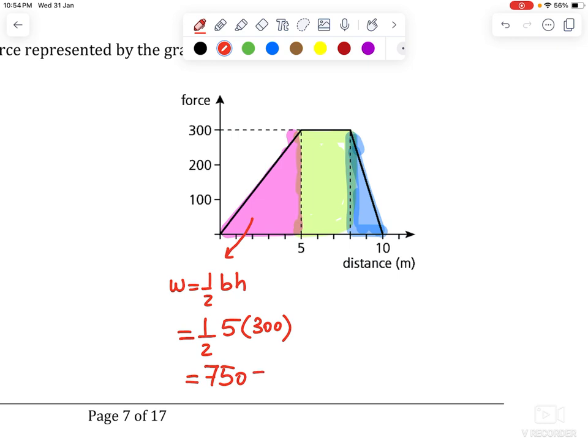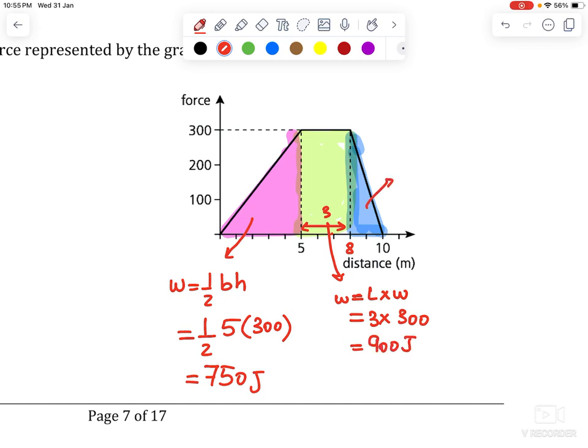Now later I will add it to the other ones. Here the work is length by width, which is here the width is from 6, 7, 8. So the base is here only 3. So 3 by 300, it will give me 900 joules.